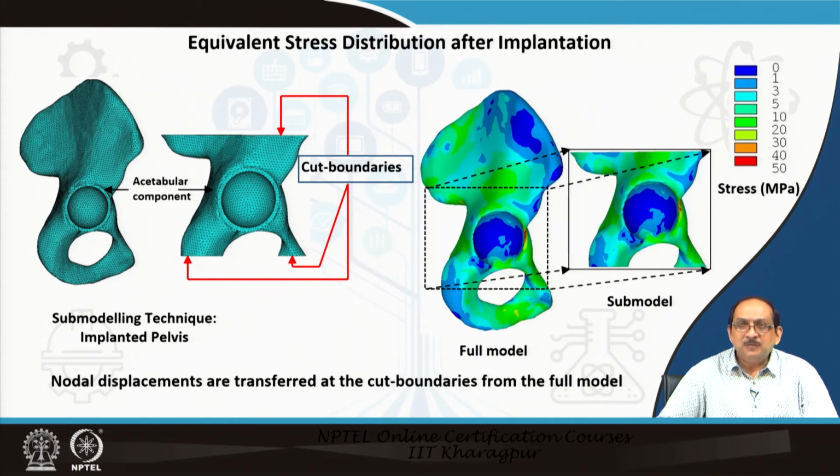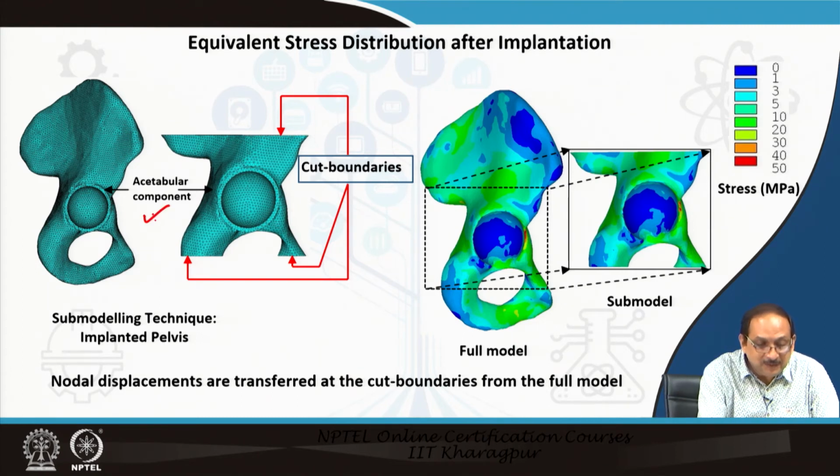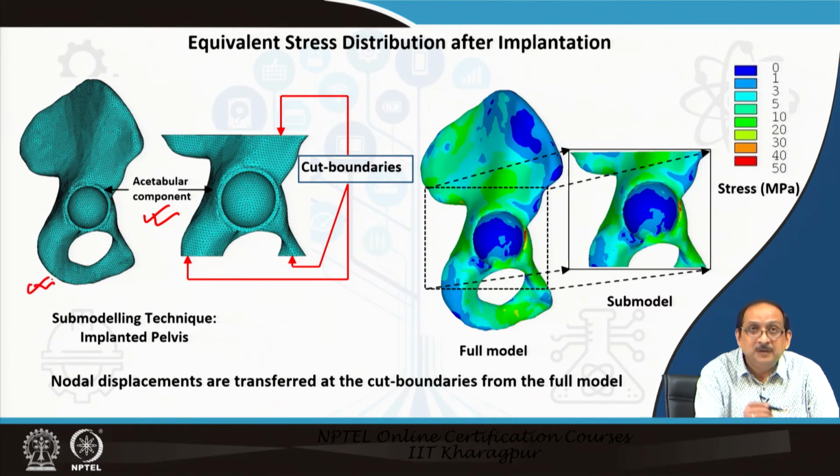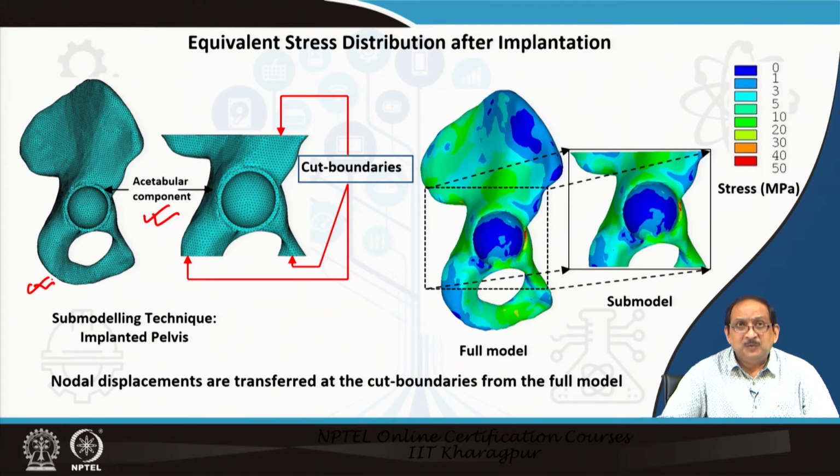Let us now move into the implanted pelvic bone. As you can see in the figure, we present the finite element model of the implanted pelvis with the acetabular component. So, this is a full model of the pelvic bone with the acetabular component. On the right, we have a sub-model of the implanted pelvis with well-defined cut boundaries.